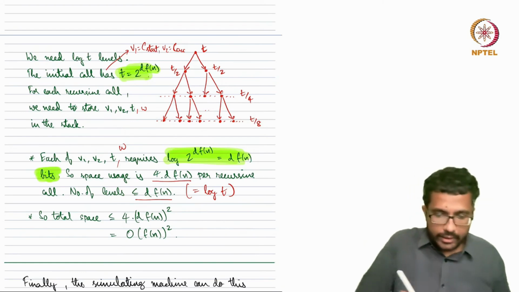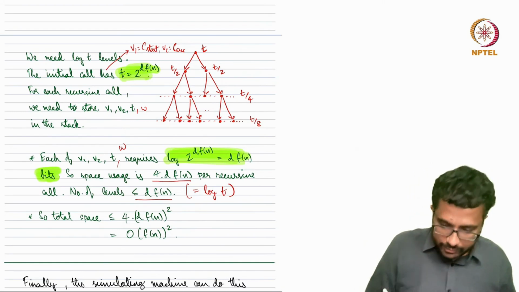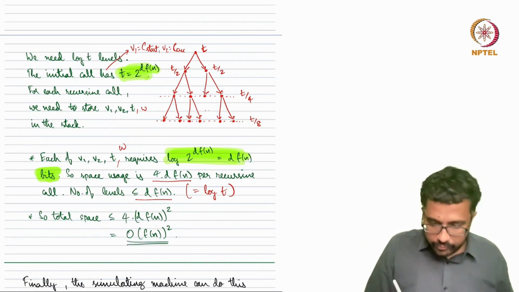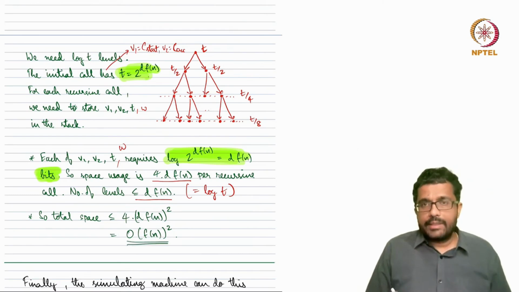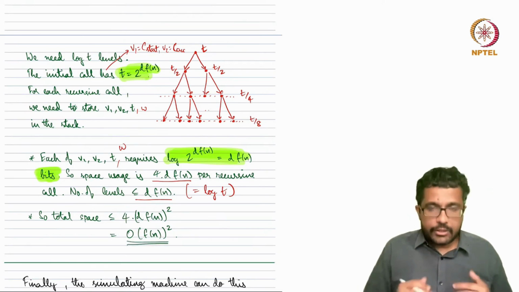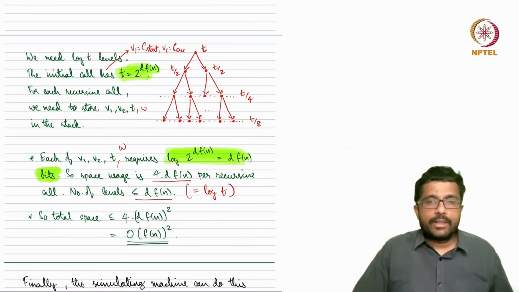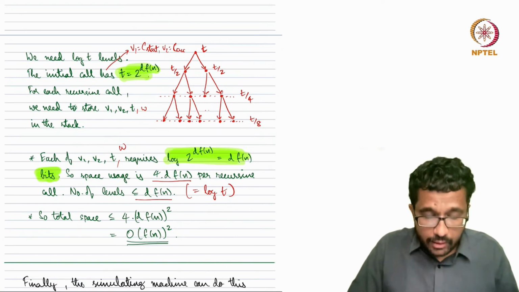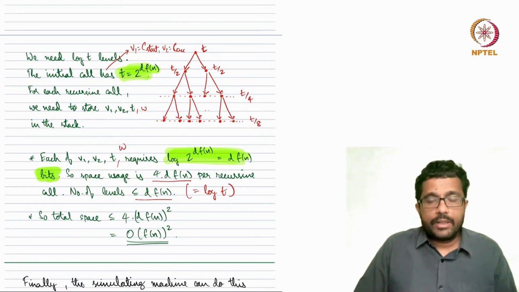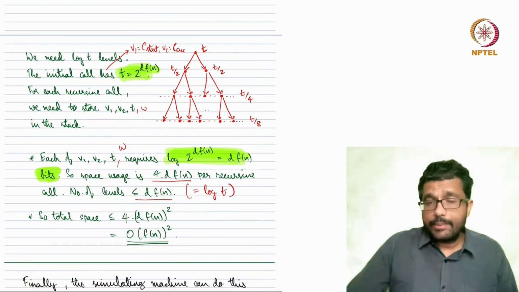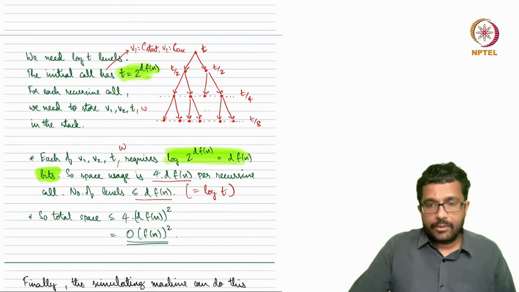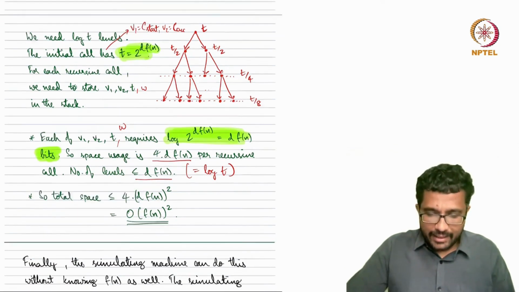So it's O(f(n) squared). That is the total space requirement. So this shows how you can simulate a non-deterministic space-bounded Turing machine using a deterministic space-bounded Turing machine just by squaring the space usage. This is a very surprising result.